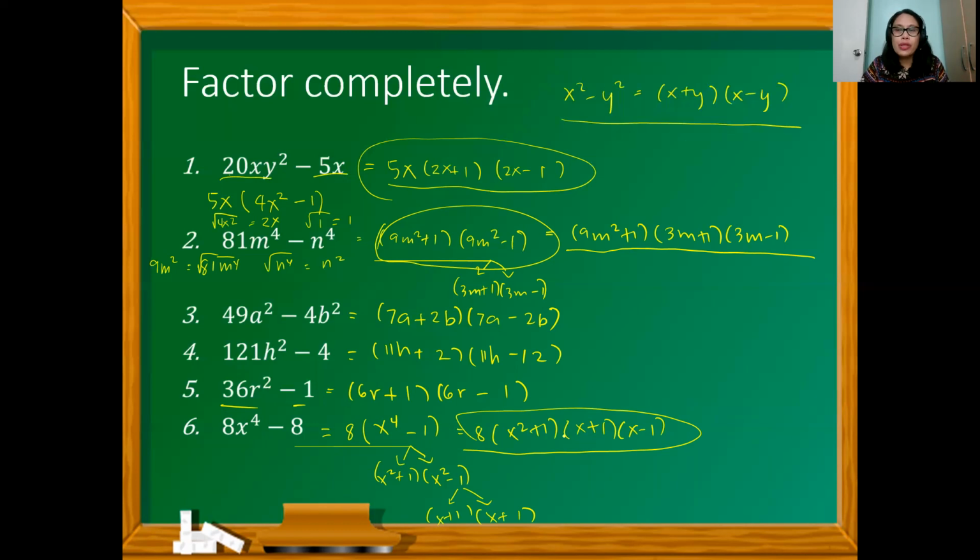So you just have to extract the square root of both terms and then consider the extracted square roots as the two terms and then separate the two terms by the addition and subtraction operation. So basically, the factors of the difference of two perfect squares equal the product of the sum and difference of the same two terms.